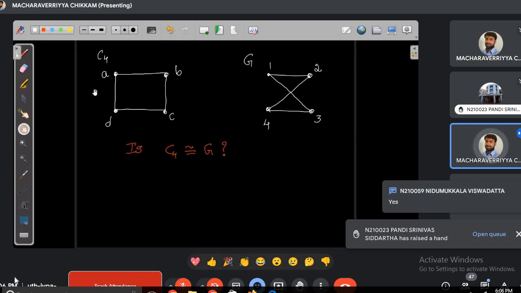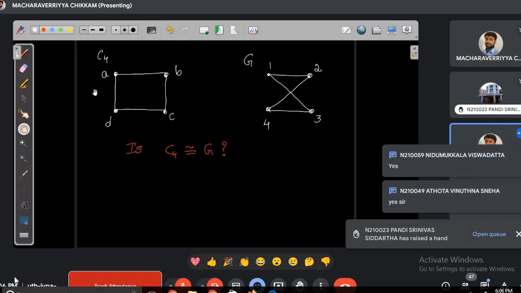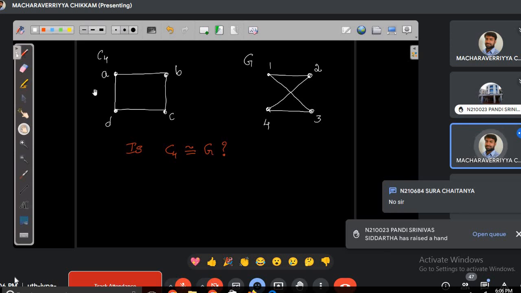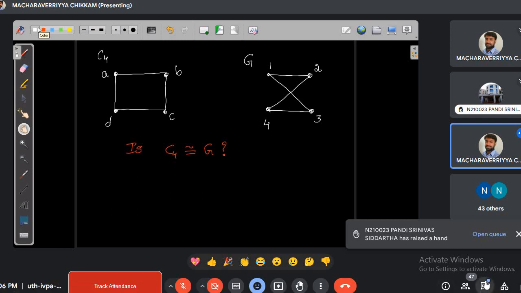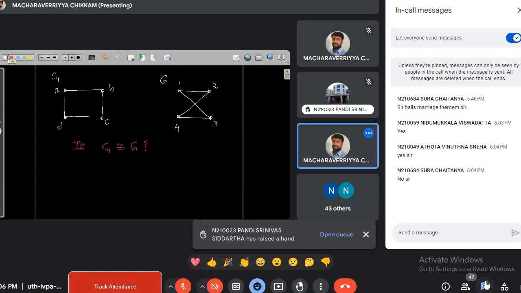You must be able to define a bijective function from vertices of C4 to vertices of G, so that if A and B are adjacent here, their images are also adjacent in the other graph. Right? No. Are they not isomorphic?